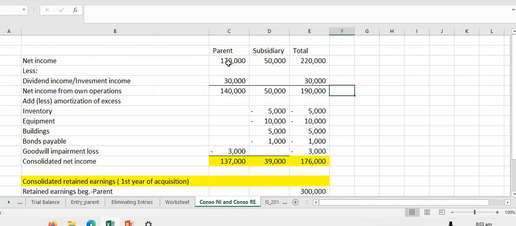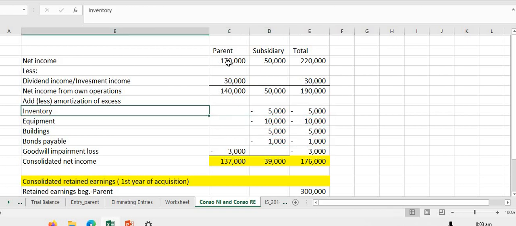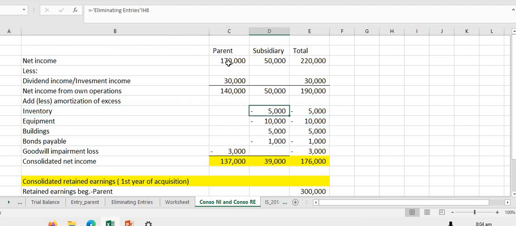So, we have 190,000. Then, yung excess natin, amortization, for inventory, that's undervalued by 5,000. Yung equipment natin, undervalued by 80,000, diba? Pero its remaining life is 10,000. We have 10,000.